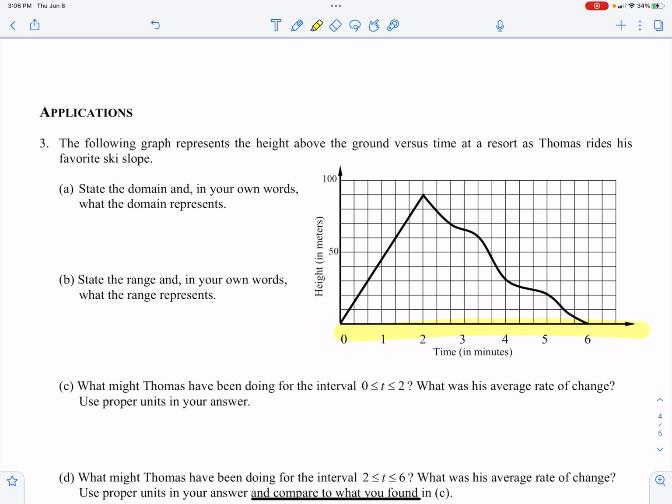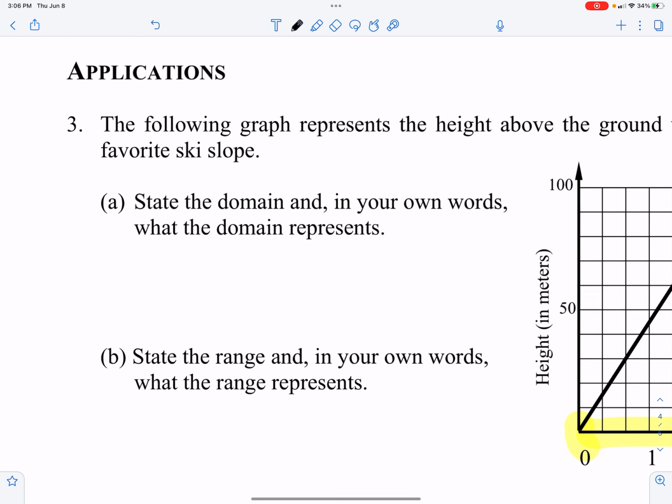So look at the graph. How long is the graph, all the way till 6 seconds? So it includes 6, it includes time. So time would be less than or equal to 6 seconds or greater than or equal to 0 seconds.